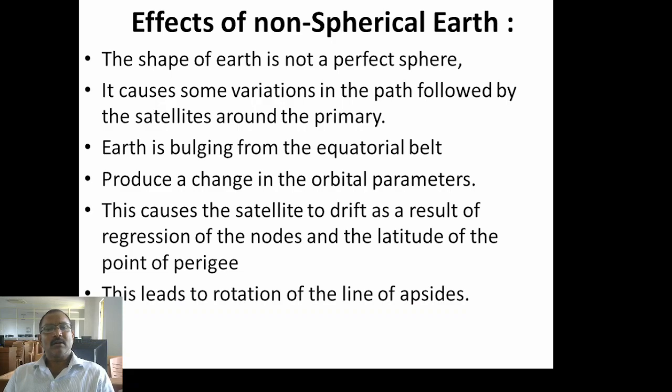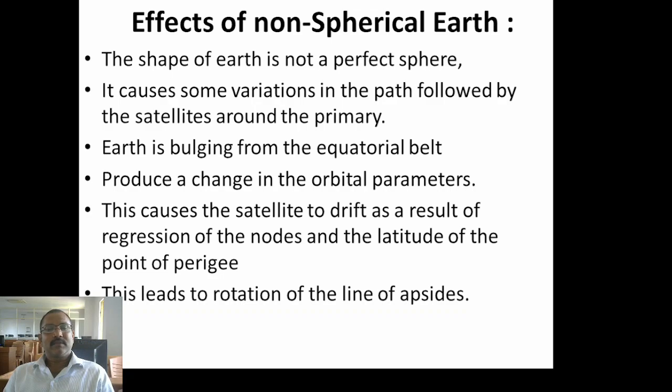So this causes the satellite to drift from the actual position. This results in regression of nodes and change in the latitude of the point of perigee.